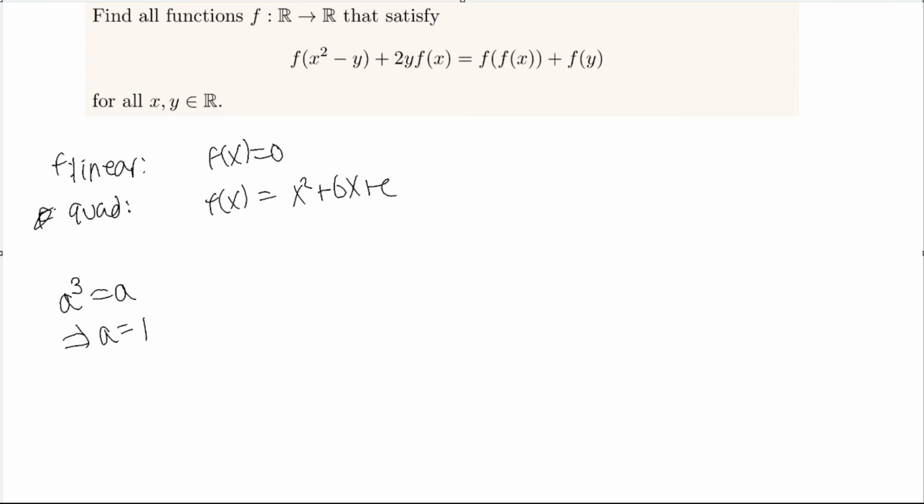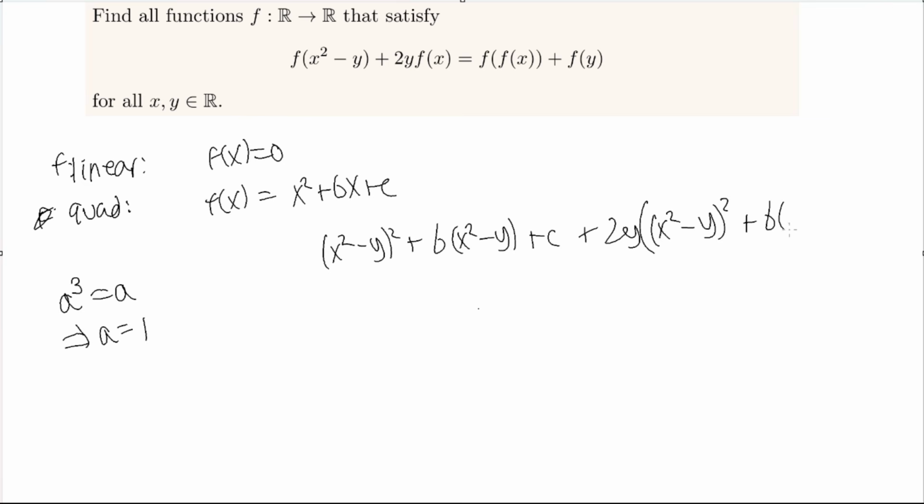One thing we can try doing is just expand it out. So we have x squared minus y squared plus b times (x squared minus y) plus c, plus 2y times (x squared plus bx plus c).